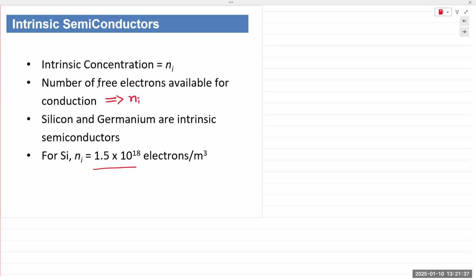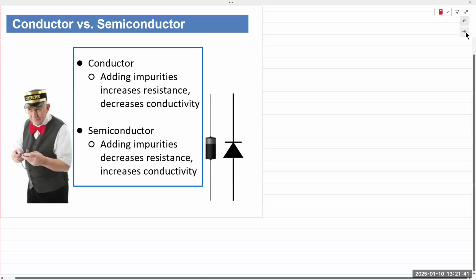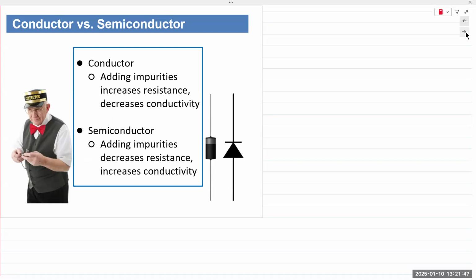Okay, so what can we do? Well, what we like to do is we like to create or increase the number of electrons that are available, right? In a conductor, such a large number of electrons are available that there is no energy band gap. The energy levels overlap.